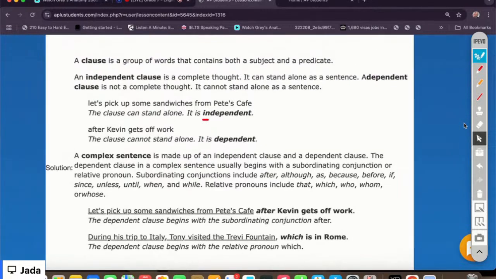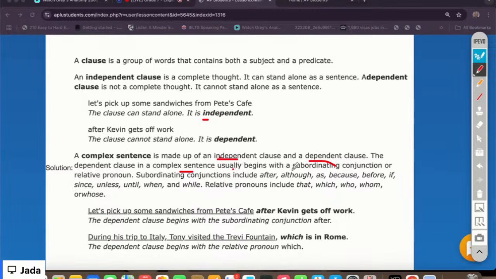And then when we have a complex sentence, it is made up of an independent clause and a dependent clause.